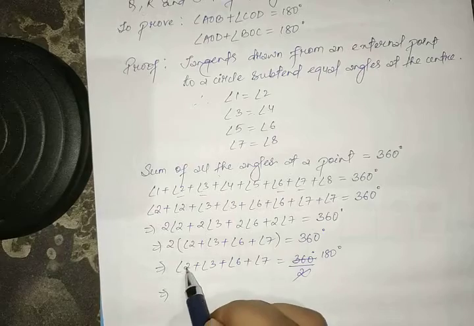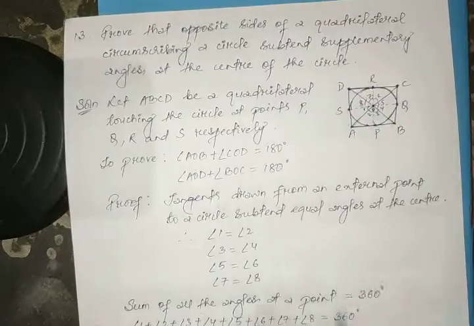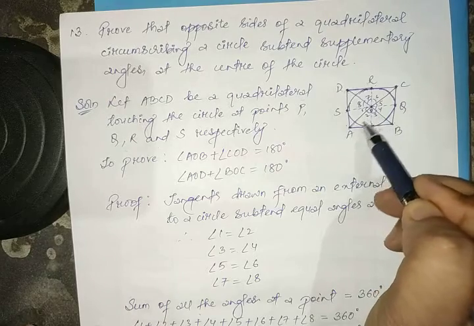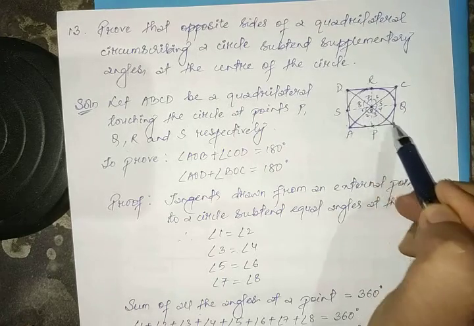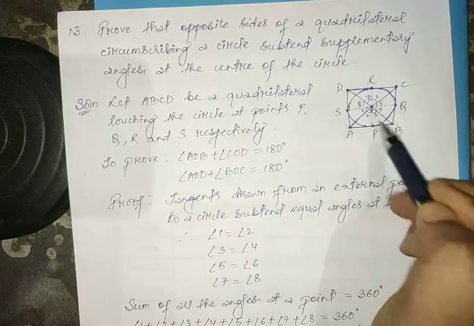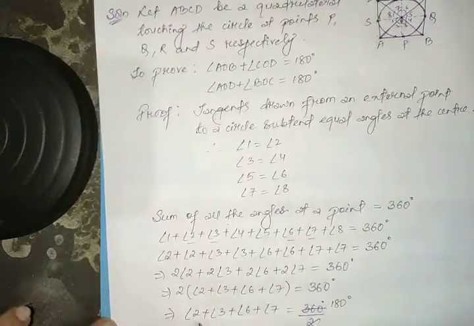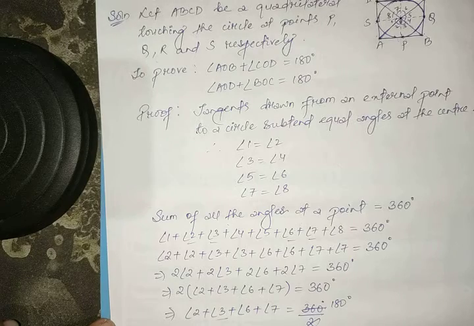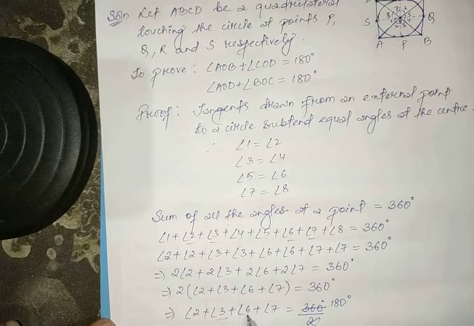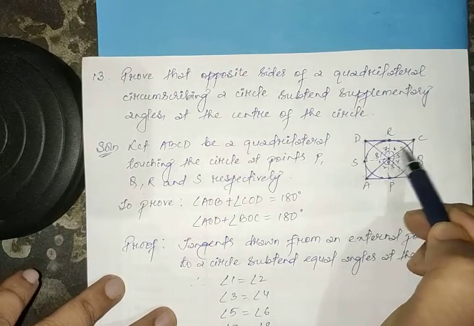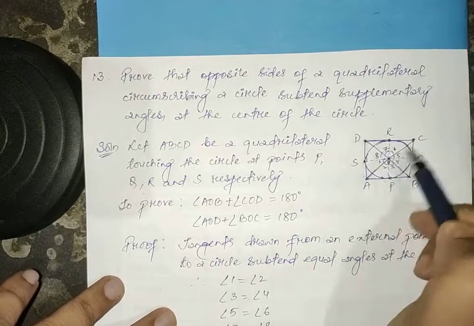Now see angle 2 plus angle 3 in the figure. If you add these two angles, we get angle AOB. So in place of 2 plus 3, we can write angle AOB, plus angle 6 plus angle 7. See these angles 6 and 7. If you add these two angles, you will get angle COD.